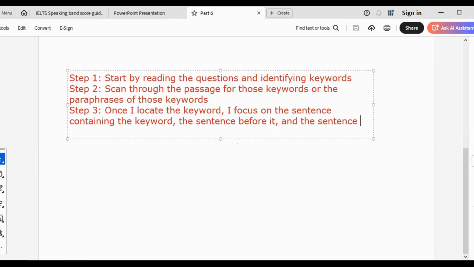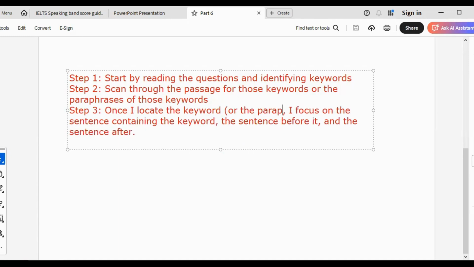In other words, I focus on the surrounding sentences. So let me add something here. Once I locate the keyword or the paraphrase of the keyword, I will focus on that sentence that contains the keyword, the sentence before it, and the sentence after it.